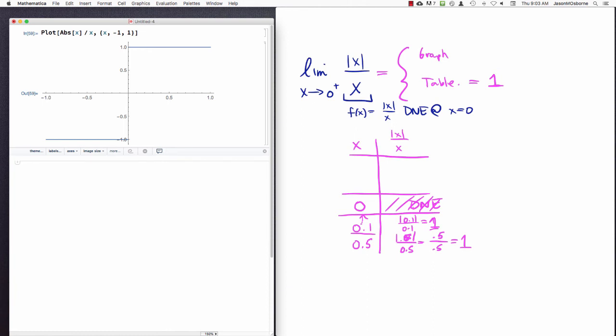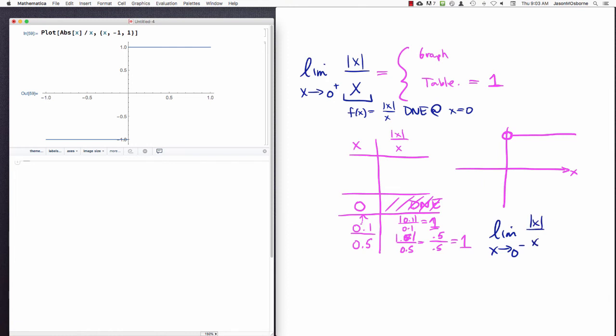So the graph of the absolute value of x over x function is not defined at 0, and it's equal to 1 for all values of x greater than 0. What do you think about the limit as x goes to 0 from the left of the absolute value of x over x?